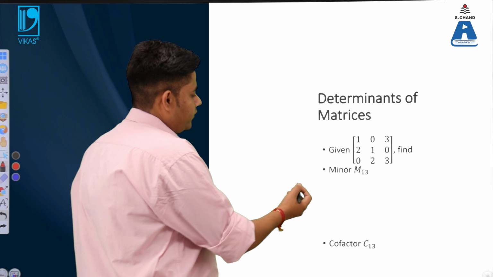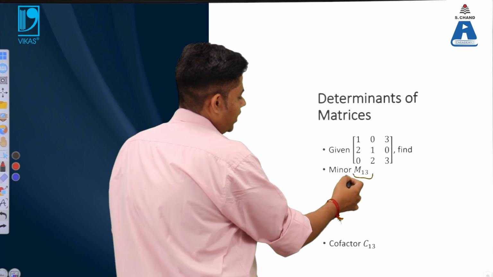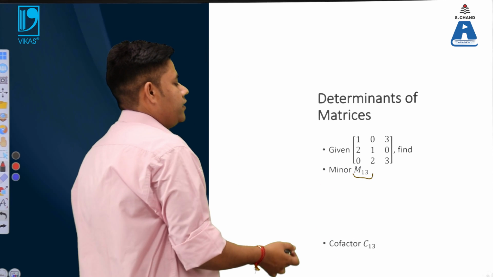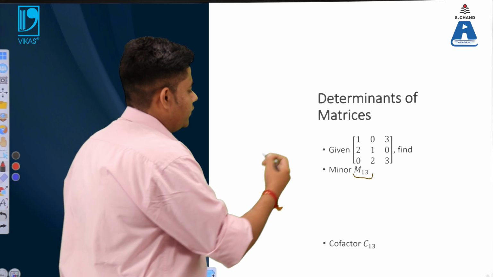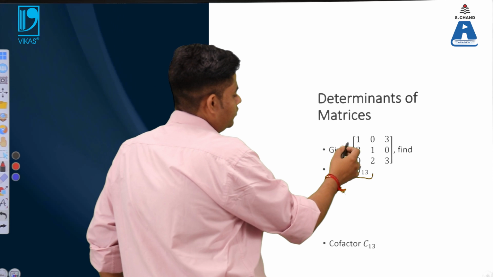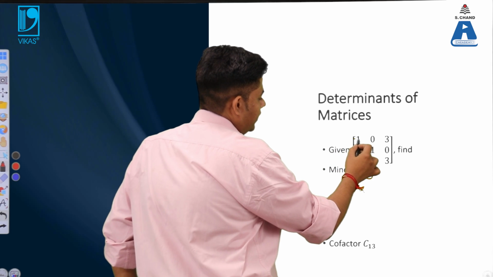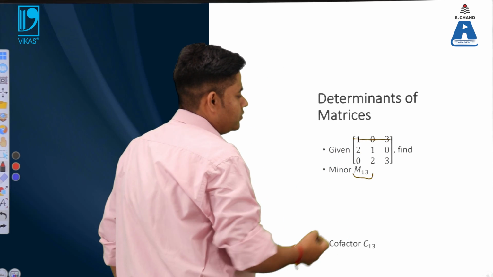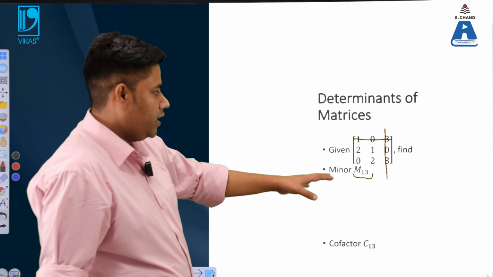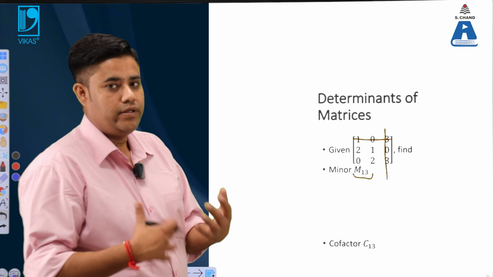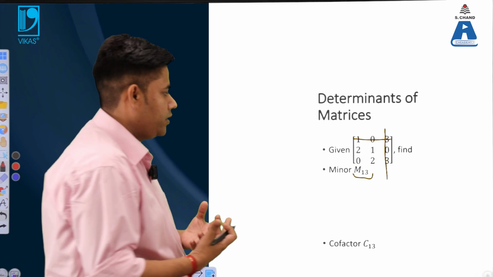Let's say the question says we want to find out M13, which is the minor associated with the 1, 3 part. For this, 1, 3 indicates that we have to remove the first row and the third column. And for the remaining elements that we have, we need to calculate the determinant.